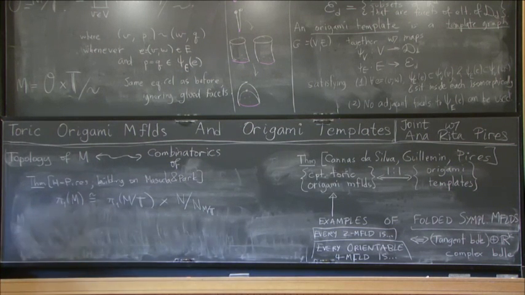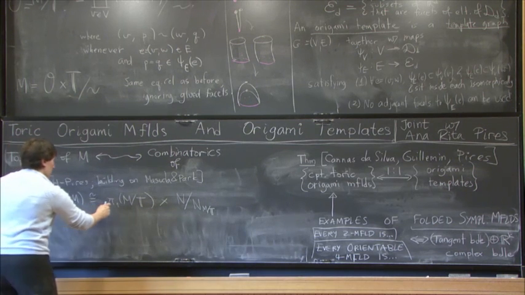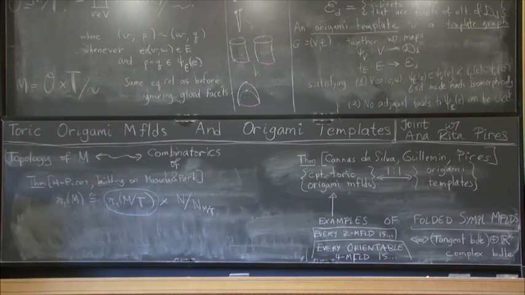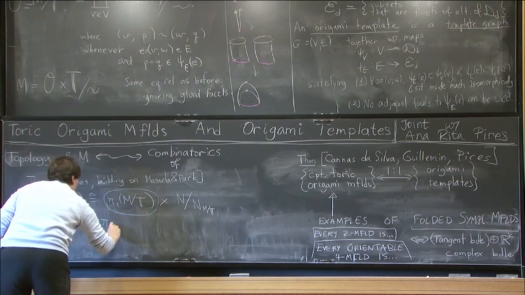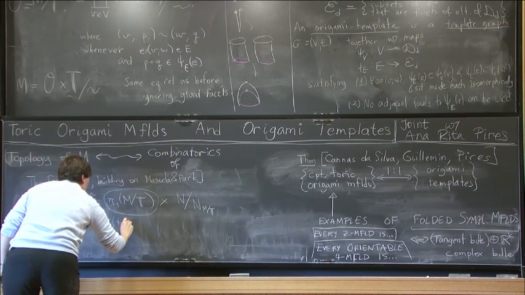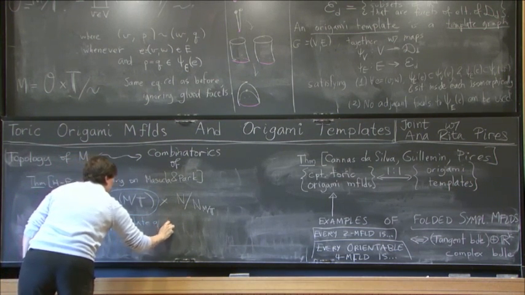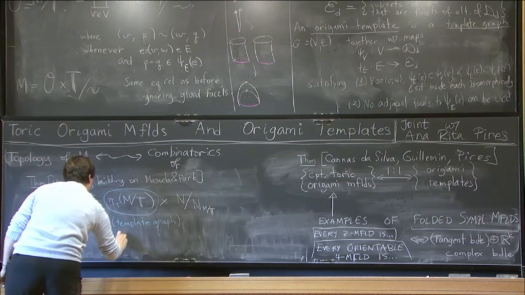So let me say, first of all, what each of these factors is, and then I'll give you examples for how they show up. This is the fundamental group of that origami template. It turns out the origami template deformation retracts to the template graph. So this is really just the fundamental group of the template graph. So it's a free group.